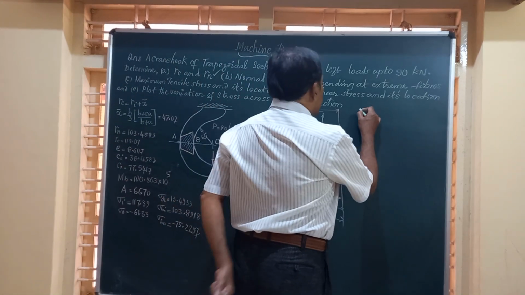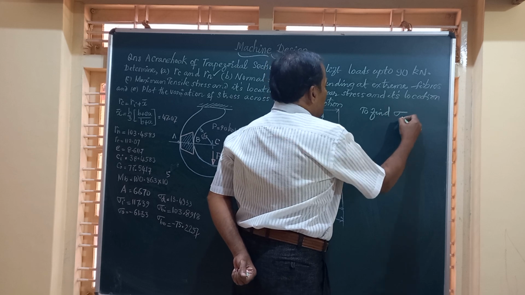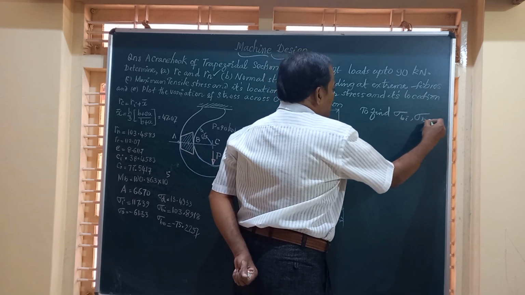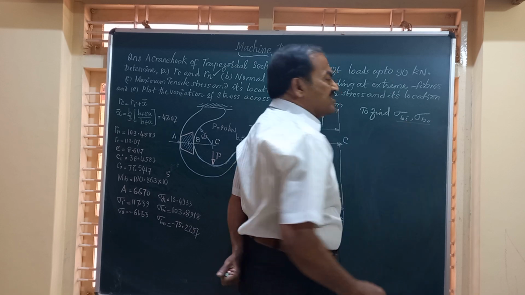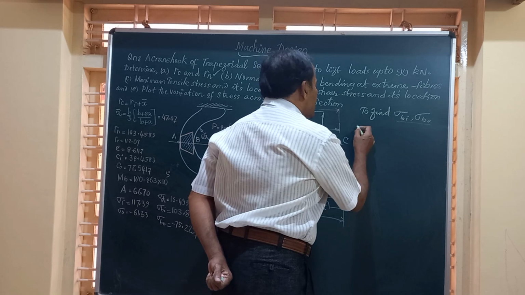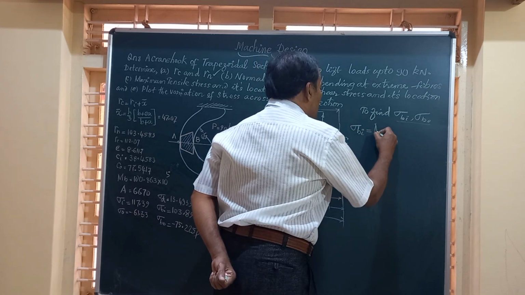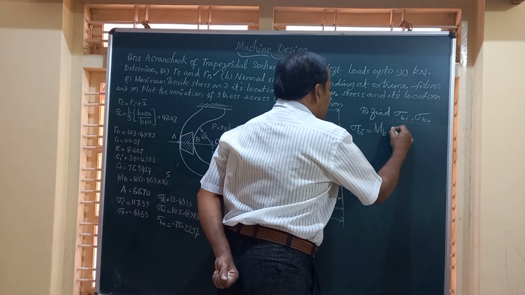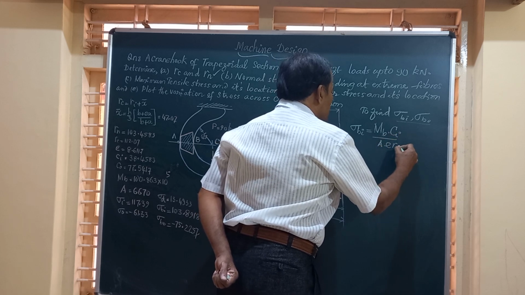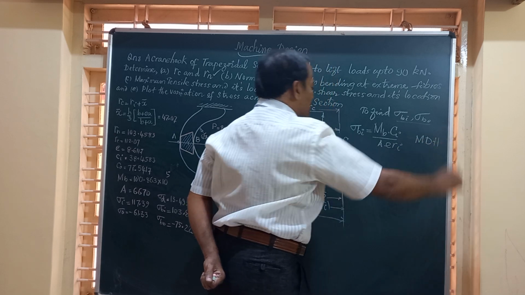So to find sigma Bi, sigma B naught, these are the normal stresses due to bending at the inner and outer fiber. Friends, sigma Bi is given by the formula MB Ci divided by A E Ri. The formula is available in the machine design handbook.